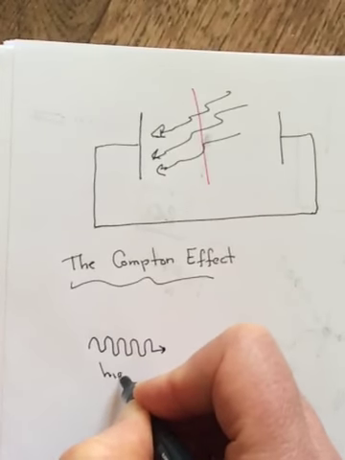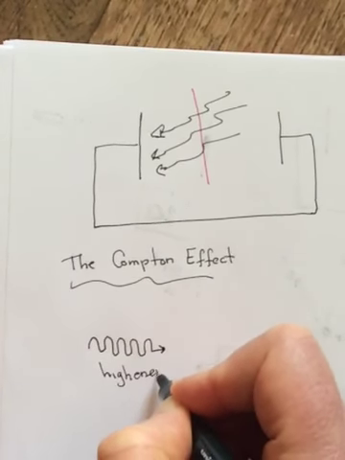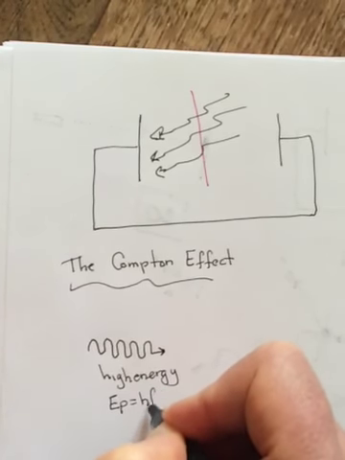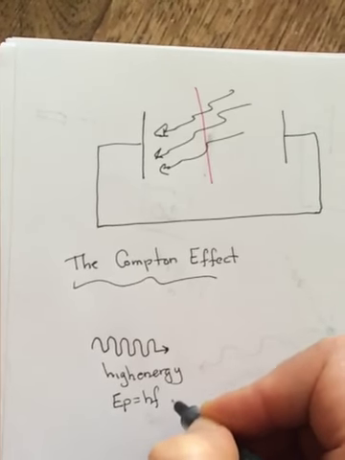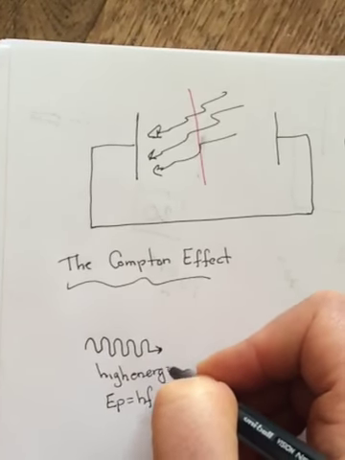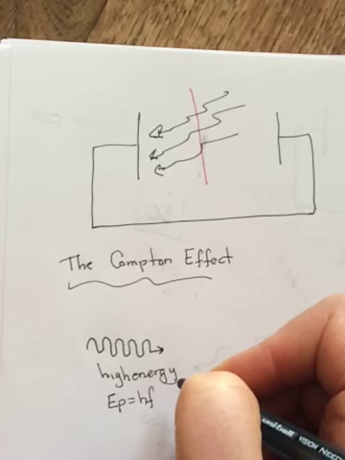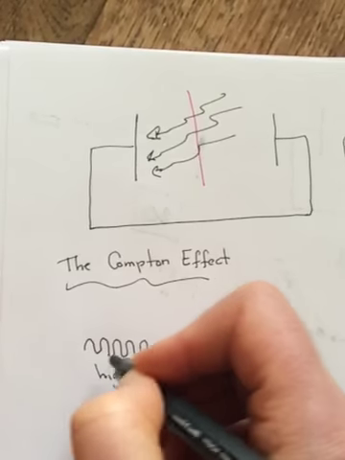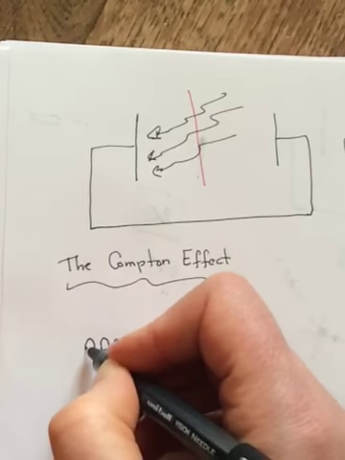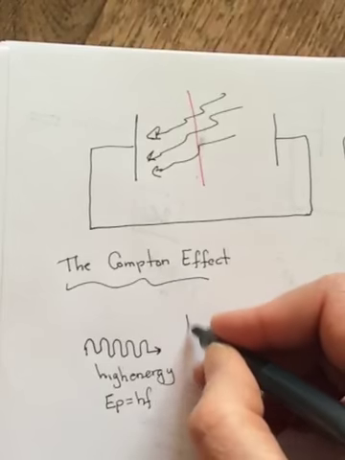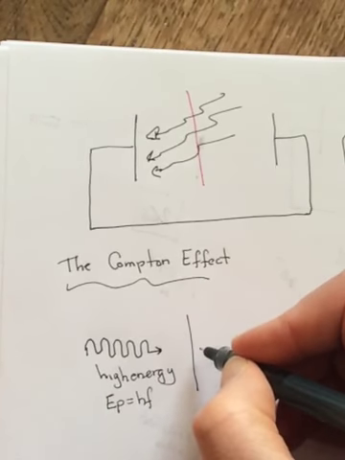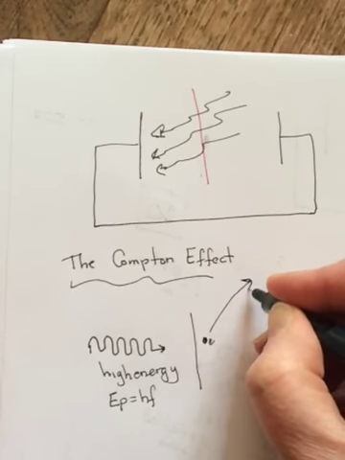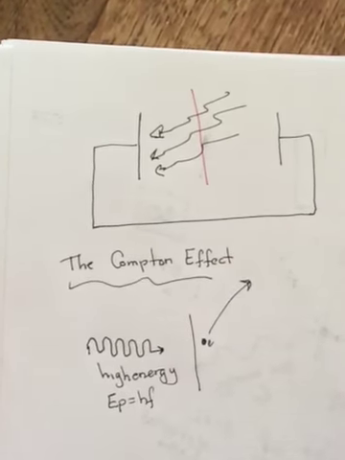And remember, energy of a photon is equal to hf, so if it's high energy, then it means it's high frequency. Okay, so there's going to be a lot of waves in a given path. So he shoots a high-energy photon at a surface, and what happens is that a little electron gets fired off as a result.